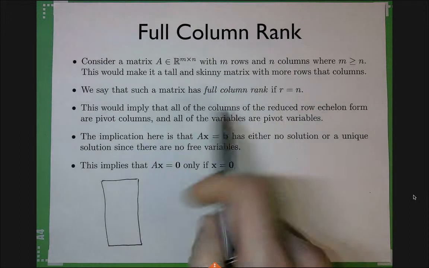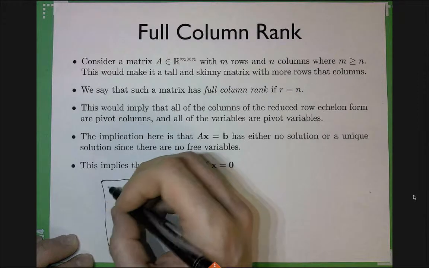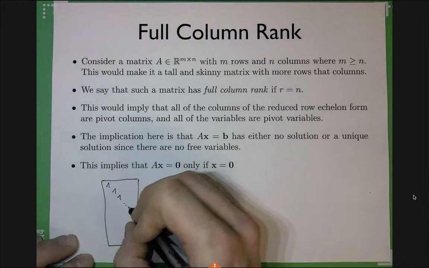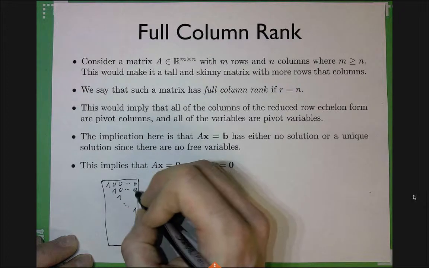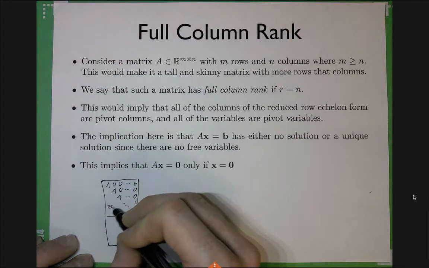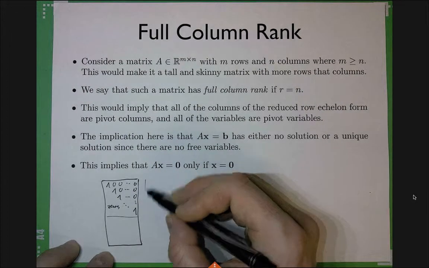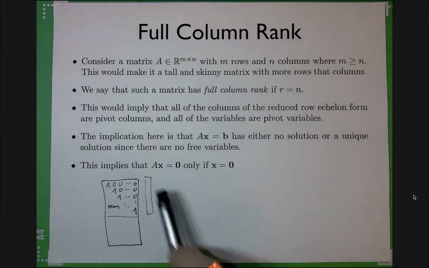So if we have a full column rank matrix, then the reduced row echelon form must look like this. Here are zeros everywhere. Here are also zeros everywhere. So it means that all of the variables, this would be the vector of variables, if we had a linear system there, our x, are pivot variables.